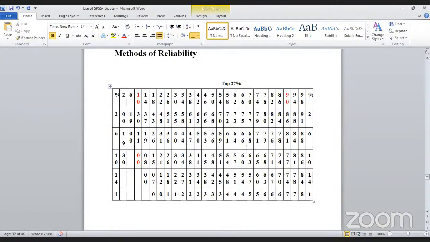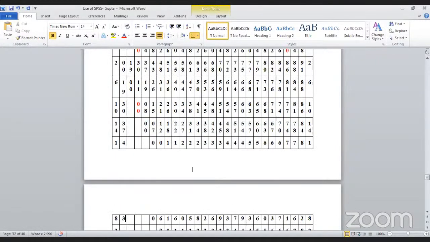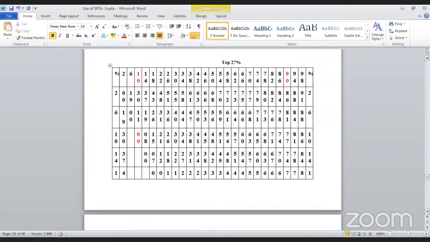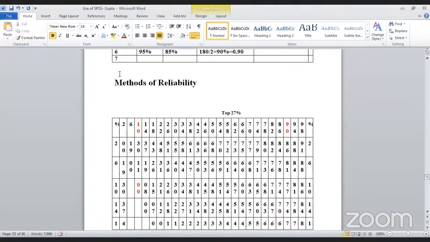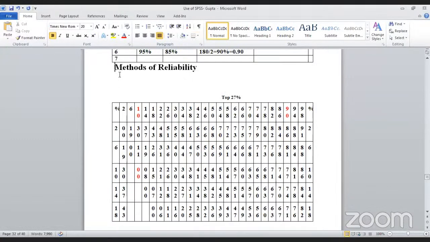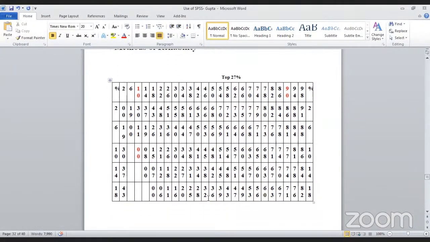And 2 and 18 is 0.43. So like this, I can find out.